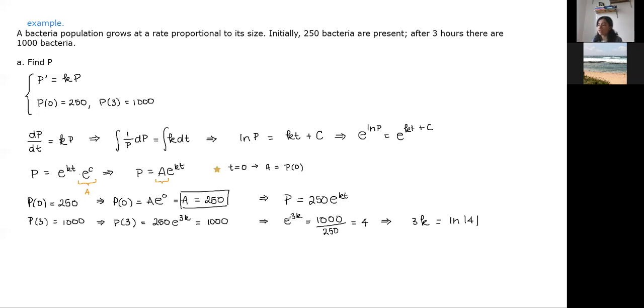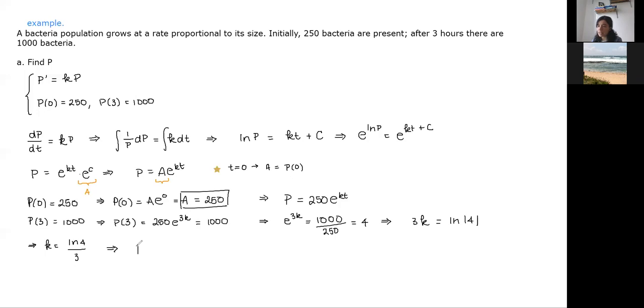And so if I take ln of e to the 3k, the exponent that I need from e is just 3k. That means 3k is equal to ln of 4, which means that k is equal to ln of 4 over 3. And this is now going to help me replace things in my expression for p over here.